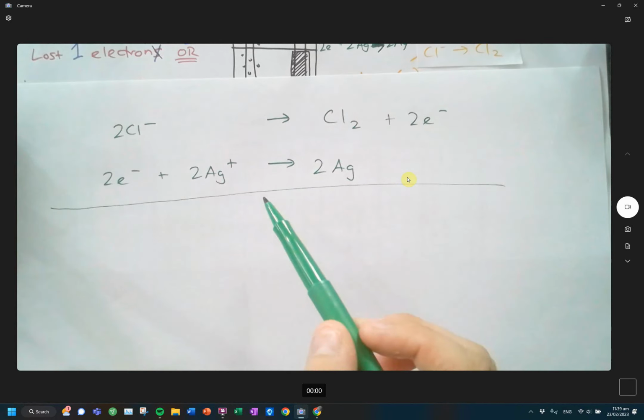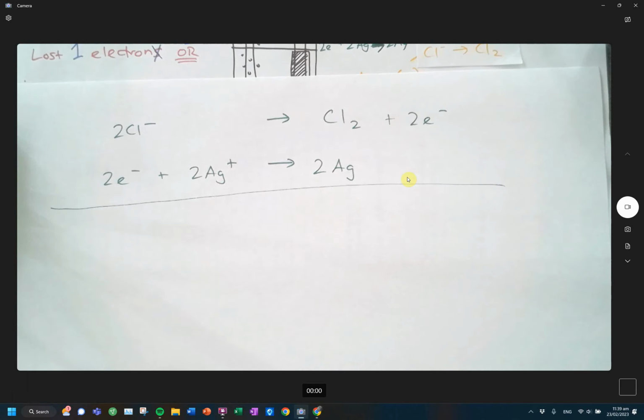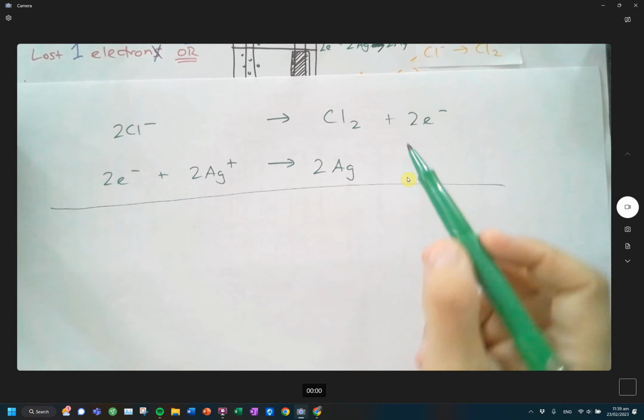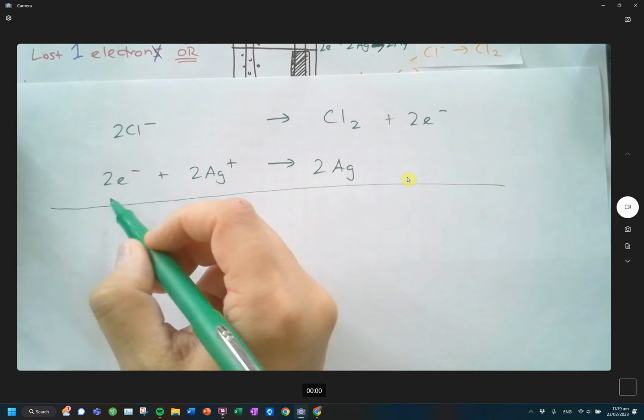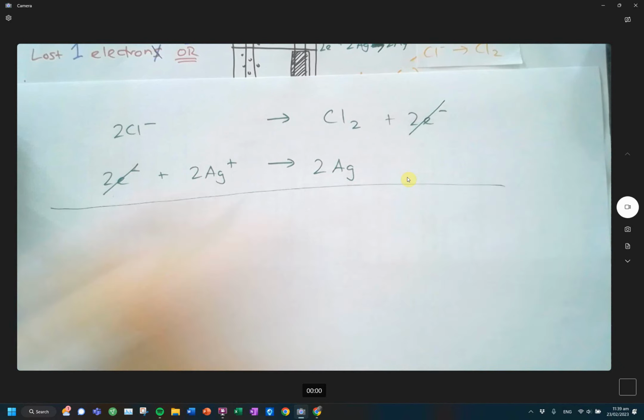All right, so now that I've lined up my equations, we're going to play the canceling game. If you remember last year, it was a lot more complicated because you had water and things like that. This year, it's really easy because I'm not going to do any complicated equations. I have electrons on this side, I have electrons on this side. That's 2, that's 2. That's good, they cancel out. Now I can just put everybody together.